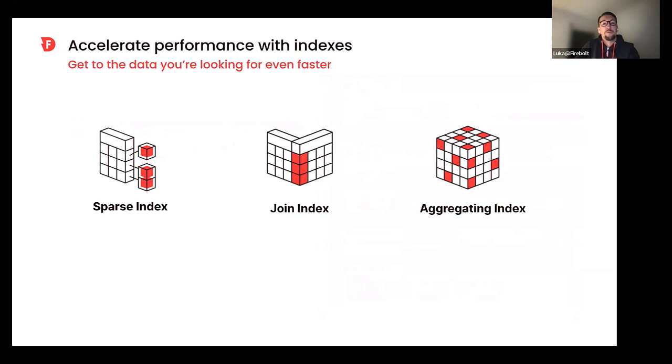All right, the secret sauce, like what makes Firebolt efficient? Apart from the query execution and the actual engines and the infrastructure, we pride ourselves with different indexes. And really, there's 3 index types that we usually discuss. There's more to come on this.